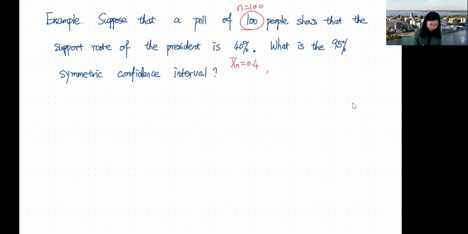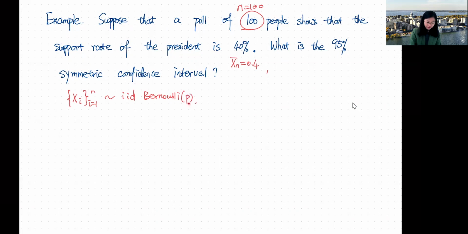For this one, we want to recognize that we have a sample of Bernoulli distributions. It's a Bernoulli distribution because the poll just asks people whether you support or not support the president. So if the support Xi equals 1 means support, Xi equals 0 means not support.